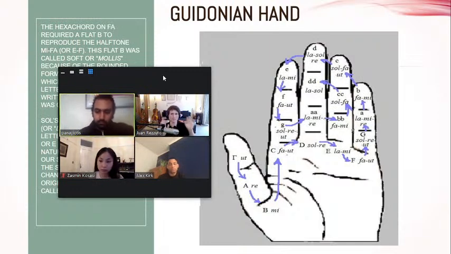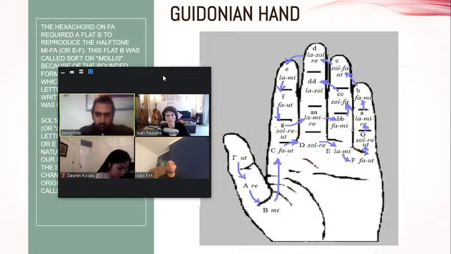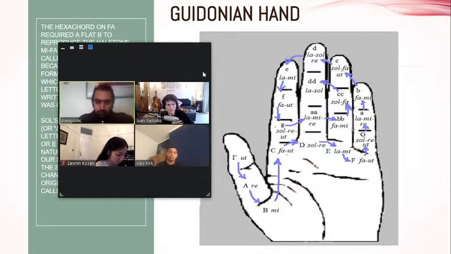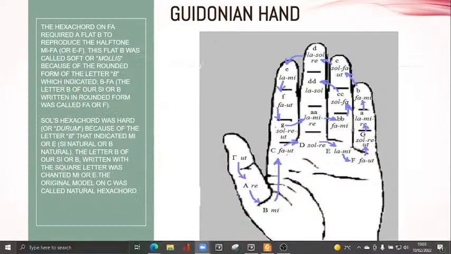This was the beginning. It was a way for people to memorize the scales that they were singing. More or less clear?